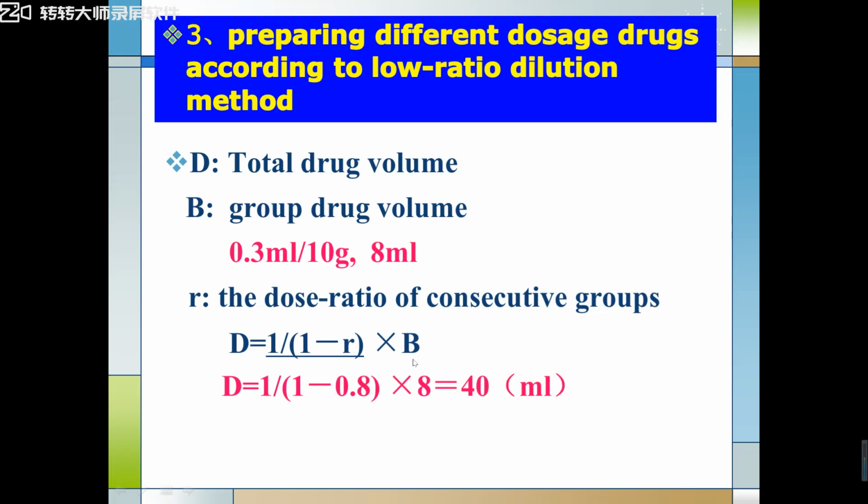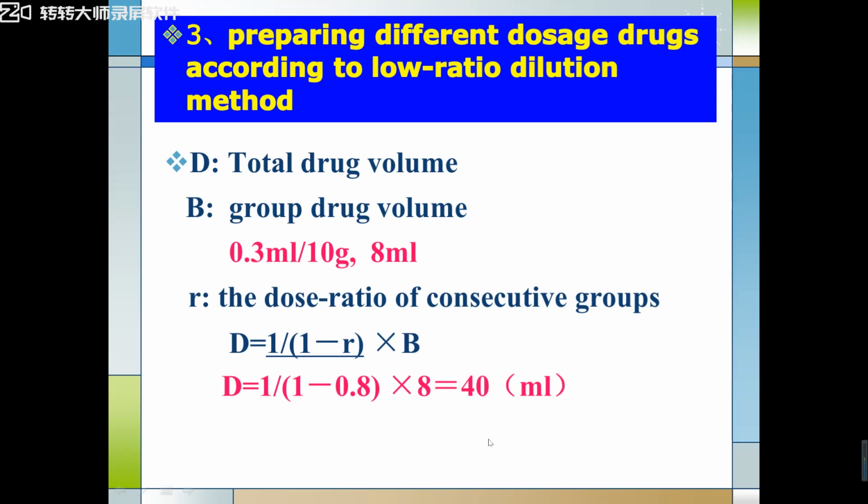And B is the group drug volume, which we obtained as about 8. Each group needs 8 milliliter of different dosage drugs. And then we can calculate D, the total drug volume. So in our class, we use 40 milliliter of drugs to calculate the LD50.